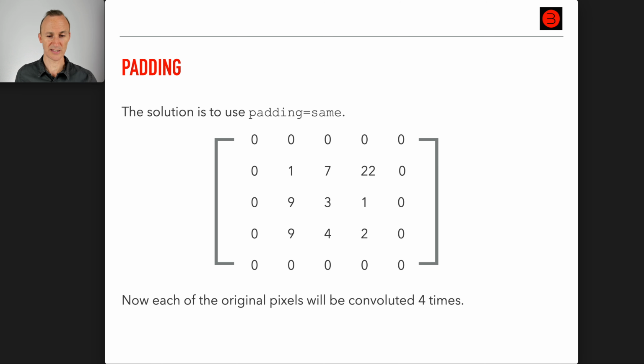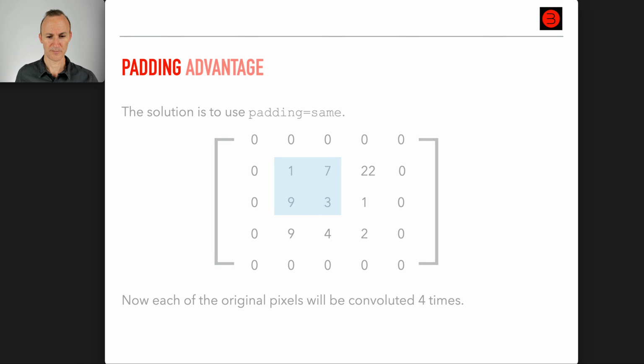So in this case, it would be 4 times because we have a 2x2 grid. If we count the ones one more time, that particular upper left one, you can see it's part of the first convolution, part of the second, part of the third, and part of the fourth convolution. Padding equals same is a common parameter that is changed.